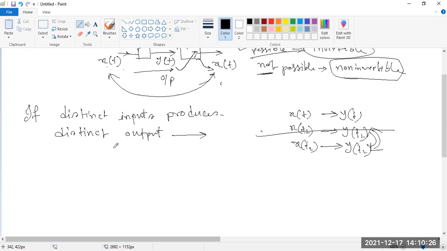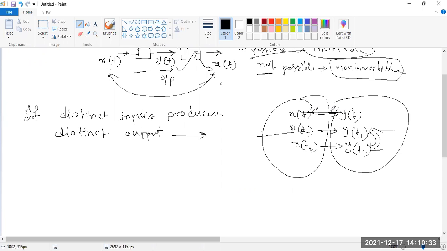Or you may say every x has a y which is 1-to-1 mapping. This is not mapped with that; x of t1 is mapped with y of t1 only, not to any other.